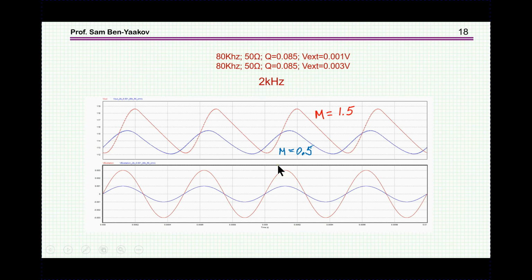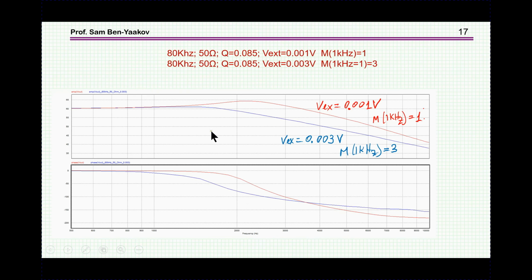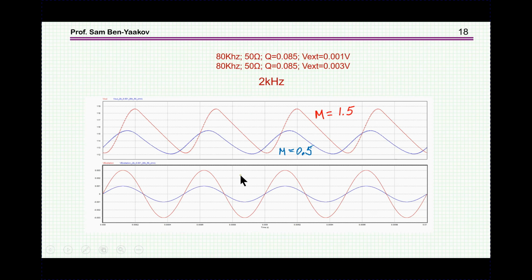And what happens in the time domain in these two cases? I'm looking now at 2 kilohertz, which is right here, and this is running in the time domain, just looking at the frequency in a time frame. So we see here two modulating indexes. For the 2 kilohertz, it comes to be M 1.5 and 0.5.